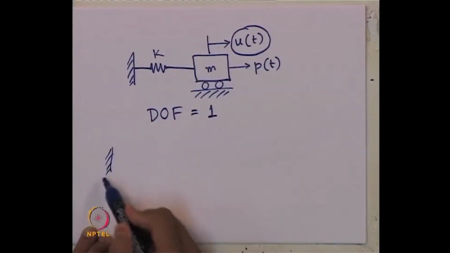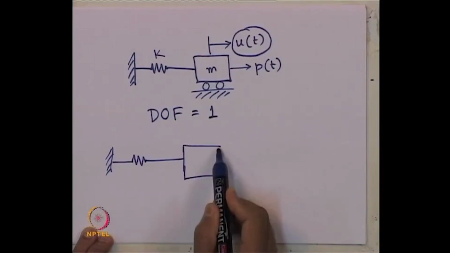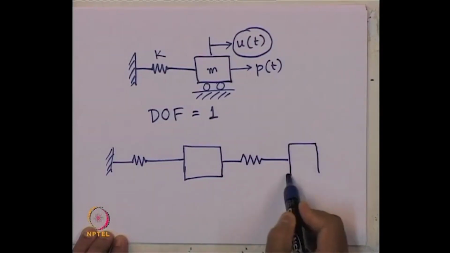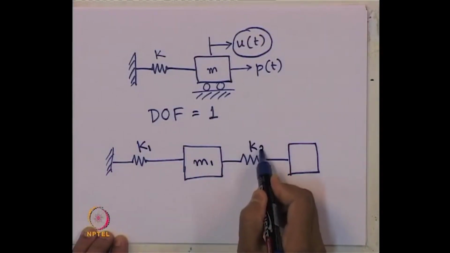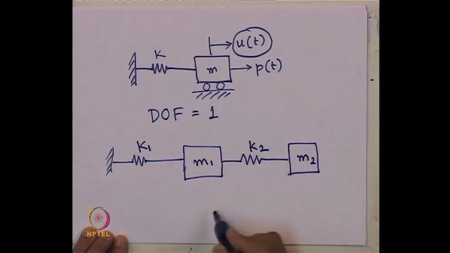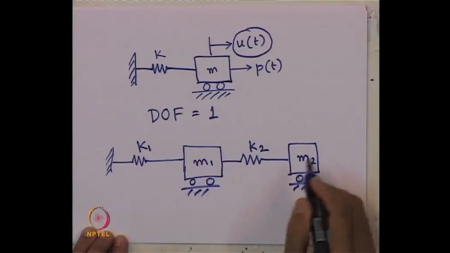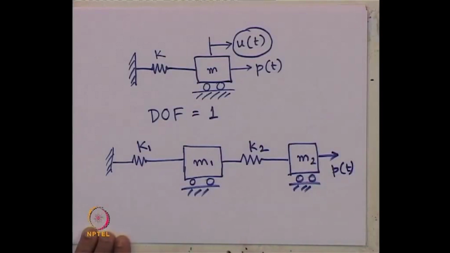Now, if we take another example, suppose we have one spring, then a mass, then another spring, then another mass. Say this is k 1, this is m 1, this is another spring k 2, this is mass m 2, and to this system we apply some dynamic load. How many degrees of freedom does this problem have? That is, DOF is 2. Where did we get this value 2 from?